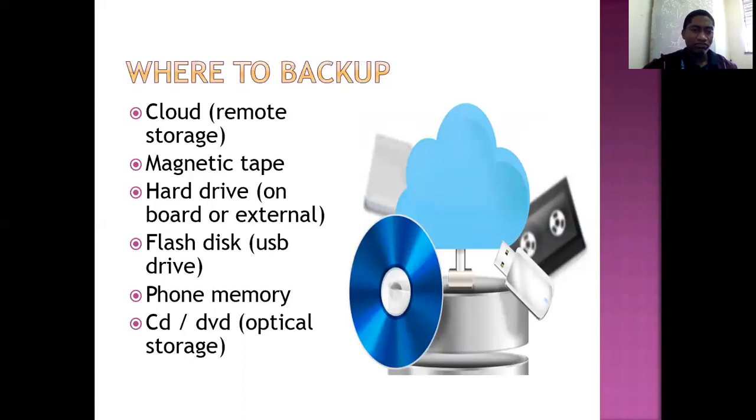It compares to a flash drive, but it's just a tape. Then we have the hard drive, which is the onboard or the external drive of a computer. We have the flash drive, which is a USB drive. We can actually do a backup on your phone memory. You can do backup using a CD or a DVD or any other optical storage device. So this is where you can back up.